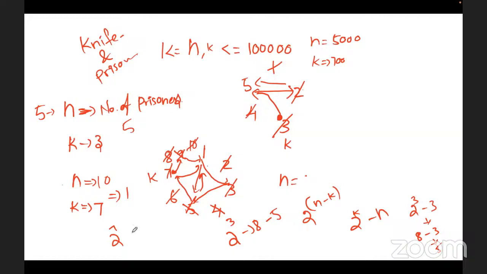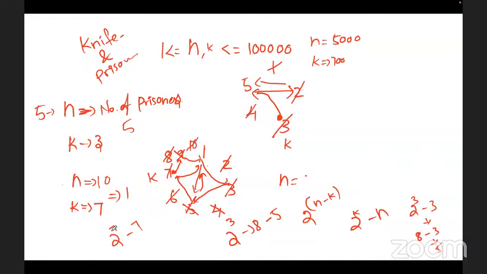Okay, so now, what is 2 power 7 minus 7? What is the value of 2 power 7? Yes, 128.